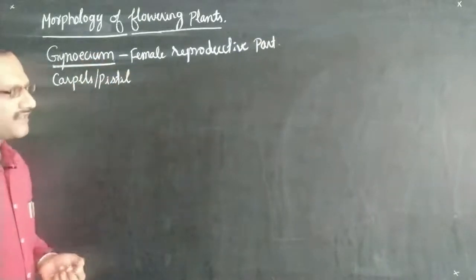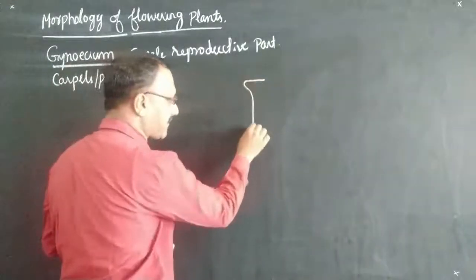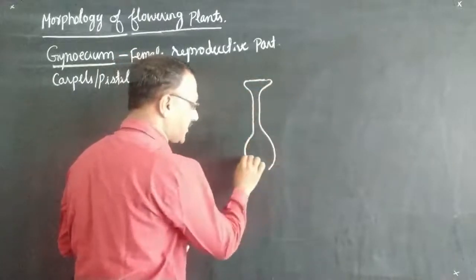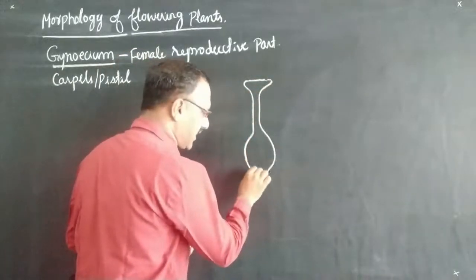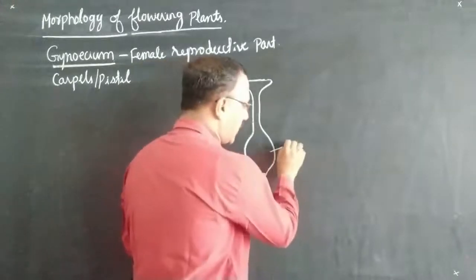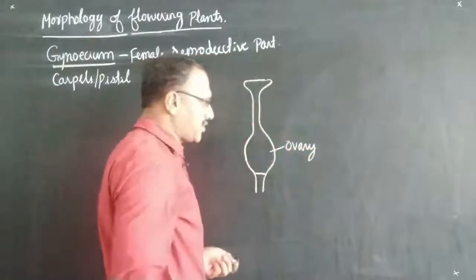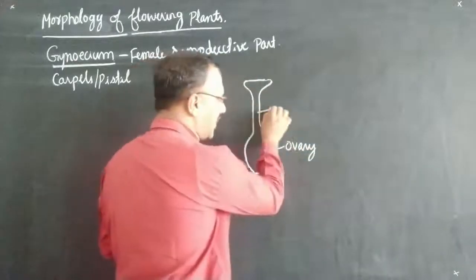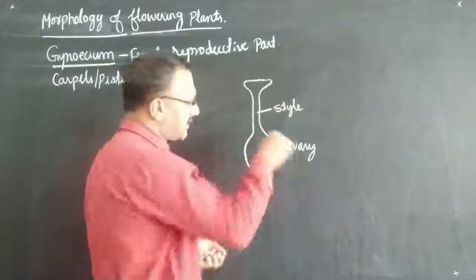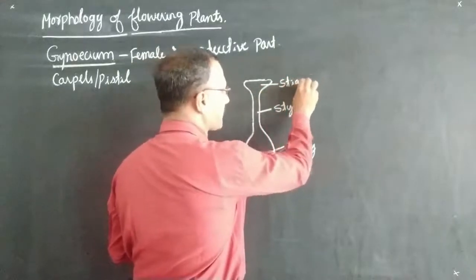Each pistil shows 3 distinct regions. The basal bulbous portion attaching to the thalamus is called an ovary, and the long middle portion of the pistil is called style, and the terminal slightly flat structure is called the stigma.